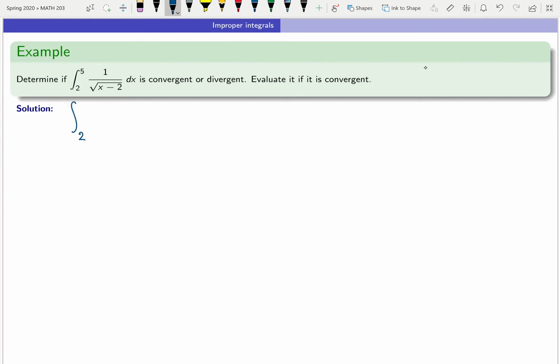So the integral from 2 to 5, 1 over radical x minus 2 dx, that's an improper integral of type 2. I can write this as the limit when r goes to 2 from the right, 2 plus, of the integral from r to 5 of 1 over radical x minus 2.